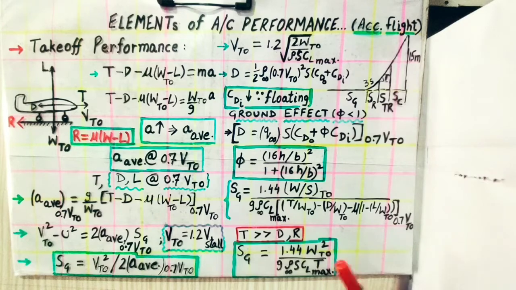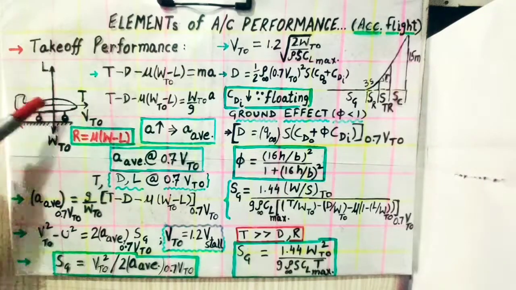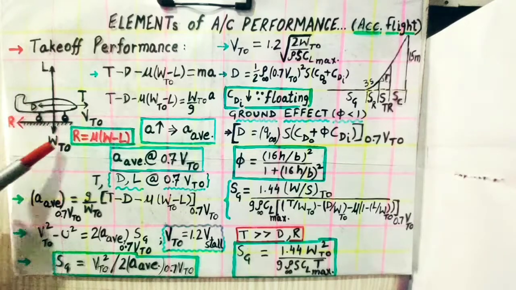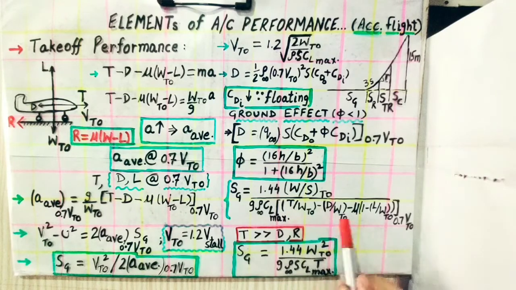Let's say the thrust produced by the aircraft to move forward is very high compared to the drag produced over this aircraft, and the frictional force over this aircraft is also less compared to this thrust. So from this we can say these two terms will go down to 0, and we will be left with this. So here we have sg, that is this distance, equal to 1.44 times W takeoff square divided by g times rho infinity S CL max times thrust.